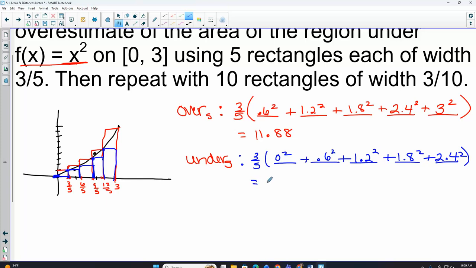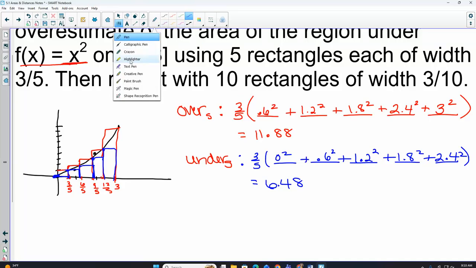And what do we get for our estimate? All right. So look at what we did here. They both had the same number in front.